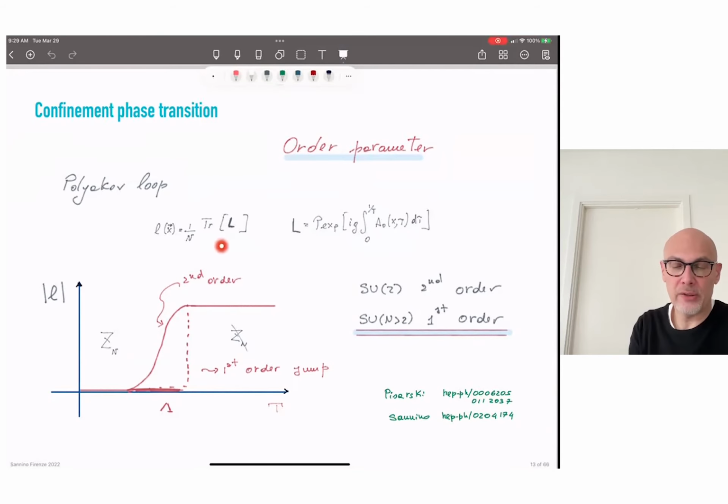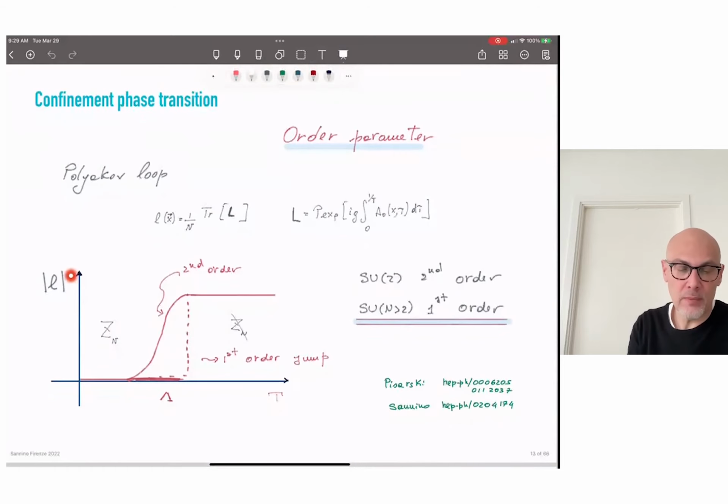And now if you take the trace, because this is a matrix, this is the simplest possible Polyakov loop you can construct. You can construct Polyakov loops of different representations, but this is the simplest one.